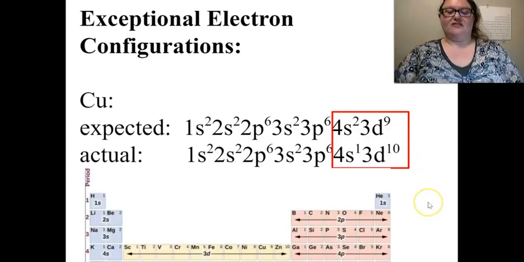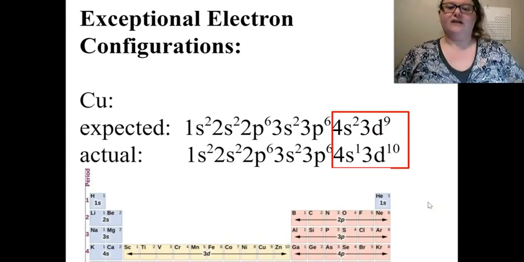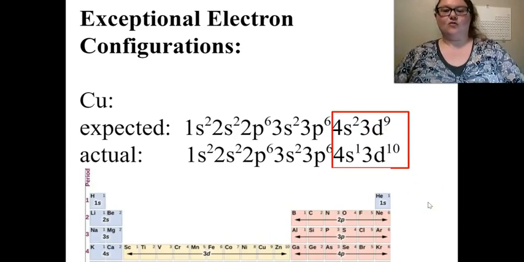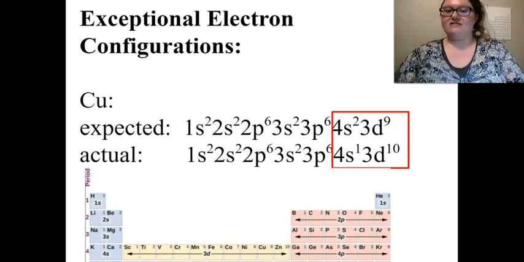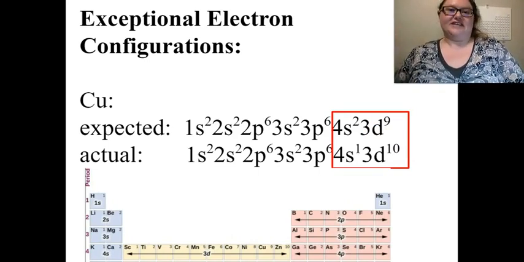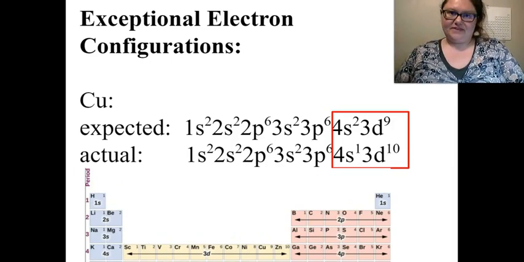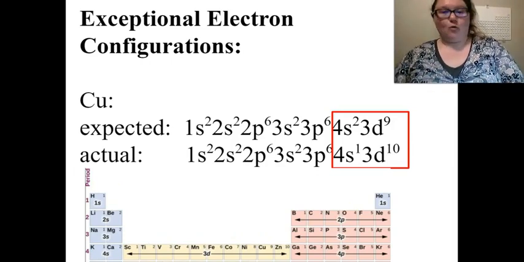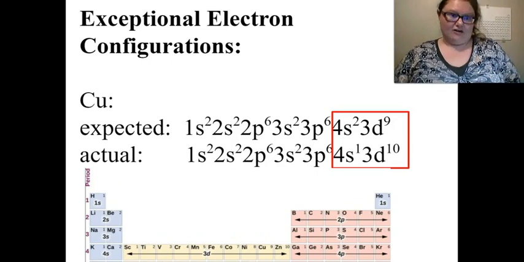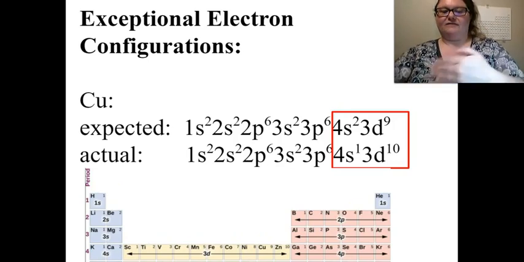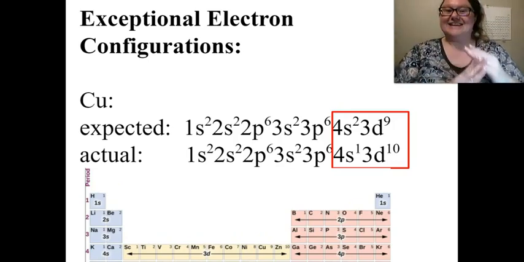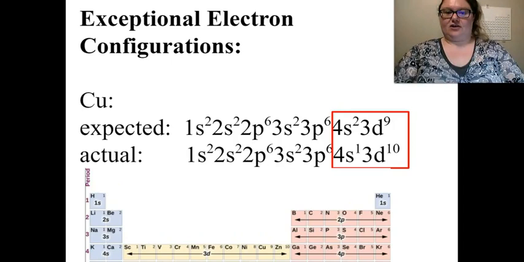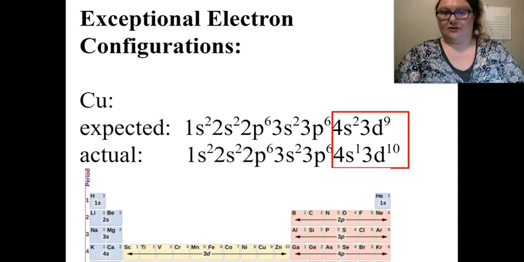So what happens here is we're so close to being full for 3d that it's going to take an electron from 4s and fill that 3d with the 10 electrons. Okay, so this is when you're in period 4 and higher, period 4, period 5, and so on, because we have that flip over with the D sublevel. This occurs. It will not happen earlier than that.